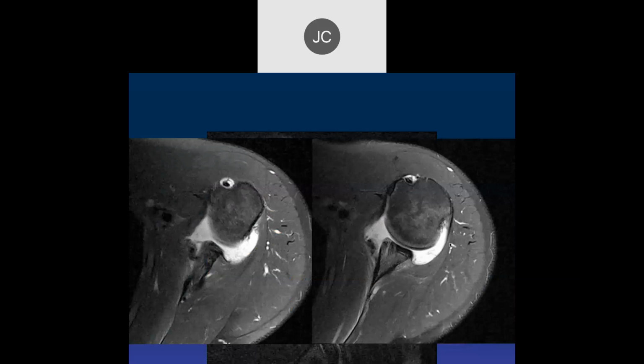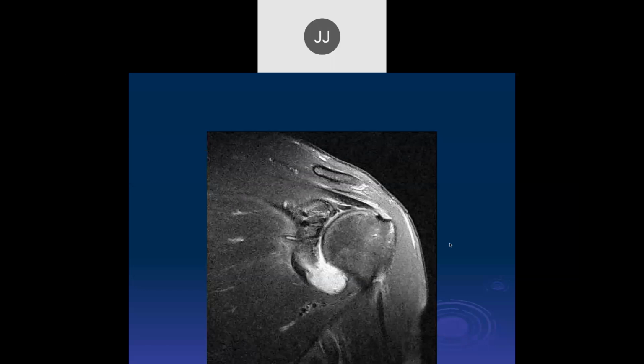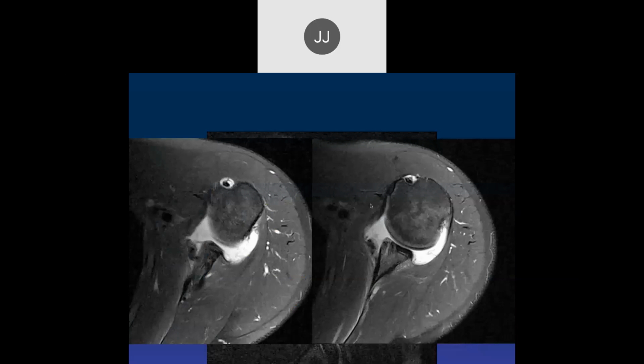Are they in the right place? They seemed pretty superior. Yeah, these are very superior. Yeah, they sure are. And there you can see the displaced labral tear down there. In the axial images, you can see it's a displaced labral tear. Looks like the periosteum is still here, but you've got a macerated displaced labrum here. That didn't help this patient.